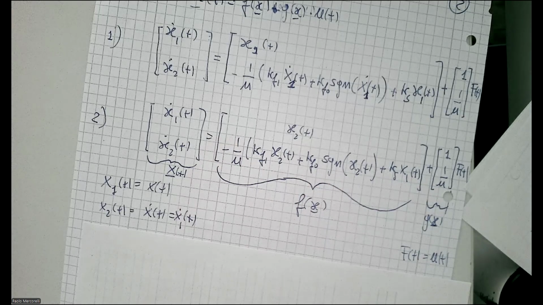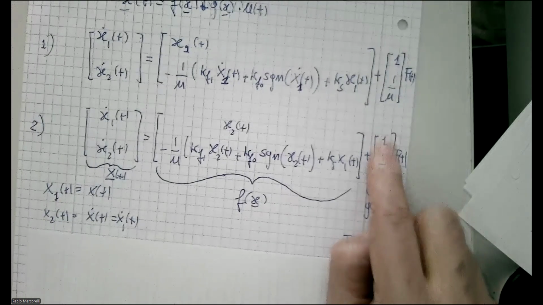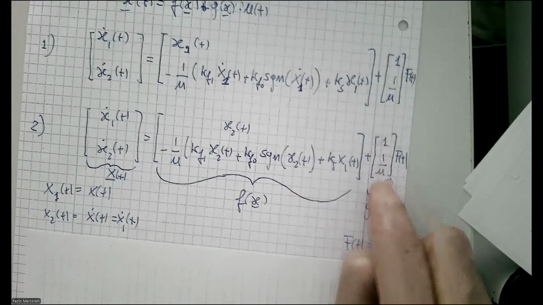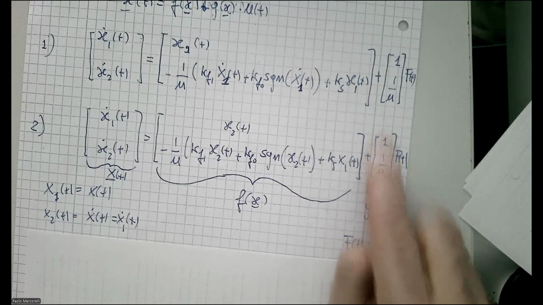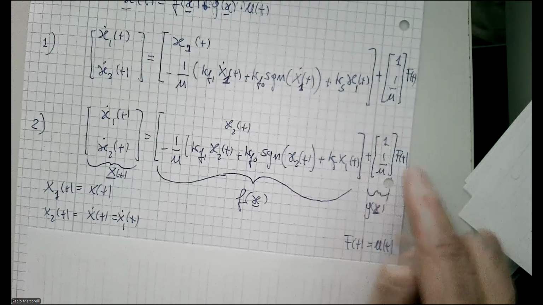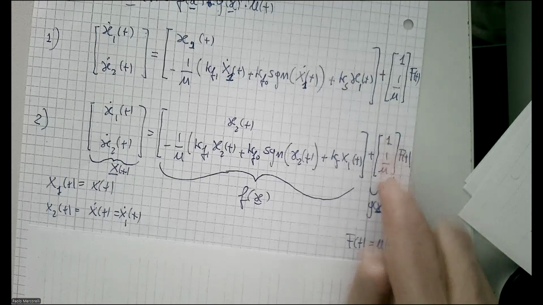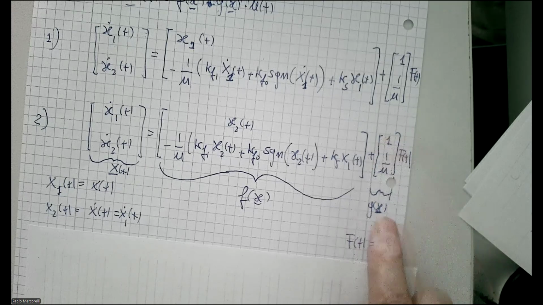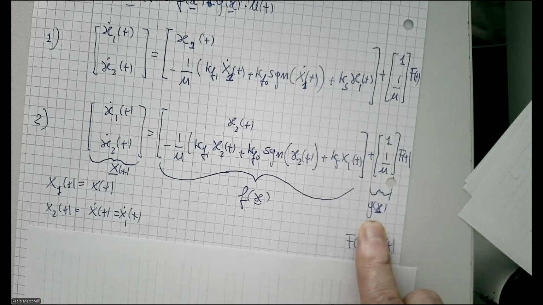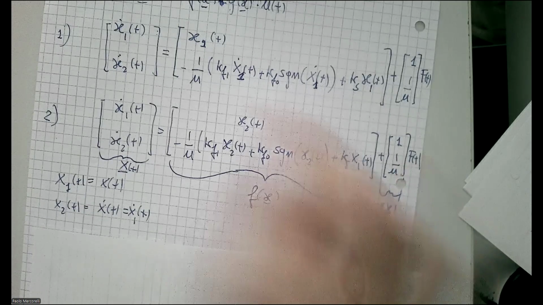Probably you remember from math or analysis 2 or something like that. And of course, we have also this input field, let me say g of x, which in this case is a vector because we don't have any function of the states here. But it could happen. In general, we find the letter g of x is the input field because it's multiplied by the input.